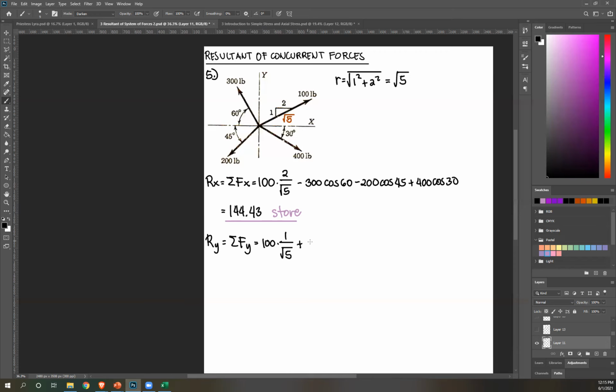So positive 300, and recall the equation for y component when given an angle, that's just F sine theta. So 300 sine 60. Next, 200 is downward, therefore negative 200 sine 45, and then lastly, this is also downward, so negative 400 sine 30. Please compute what's the answer here.